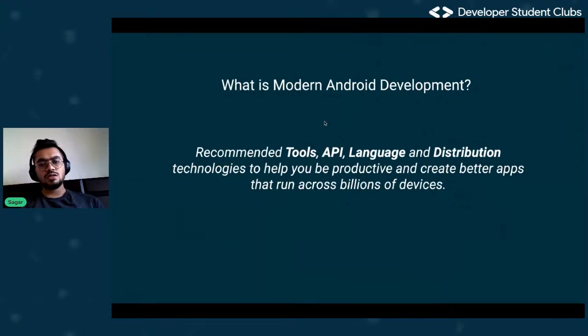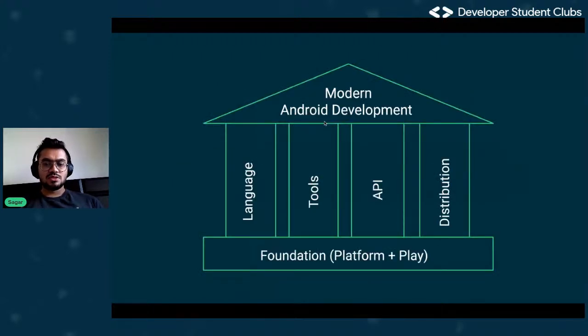So what does modern Android development look like? It's the tools, APIs, language, and distribution technologies that are recommended, which will help you to be productive and create apps that can run on billions of devices out there. Essentially, it's based on these four pillars: language, tools, API, and distribution.